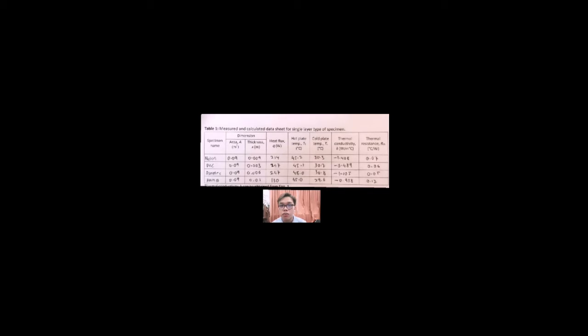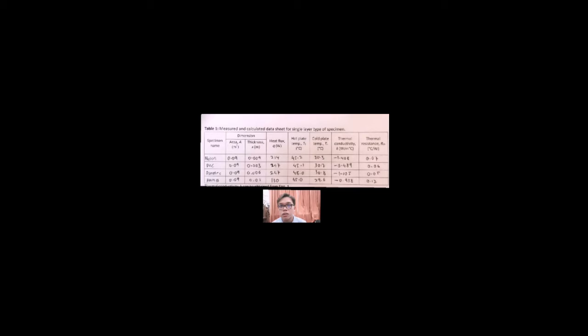And for PVC, the heat flux is 247, the hot plate is 45.1, cold plate is 30.7, thermal conductivity is 0.489, thermal resistance is 0.06.